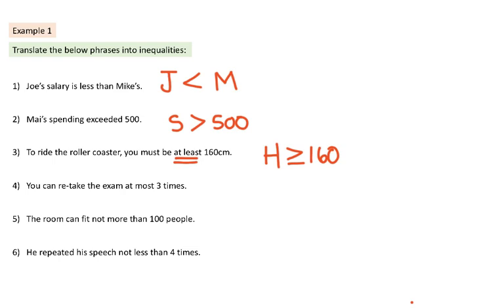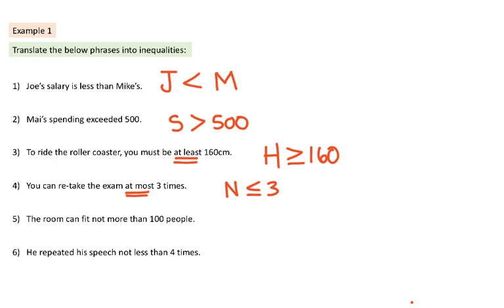You can retake the exam at most 3 times. So the number of times you take the exam is either 1 or 2 or 3 times, right? So the number is going to be less than or equal to 3. So the phrase at most means less than or equal or not more than.